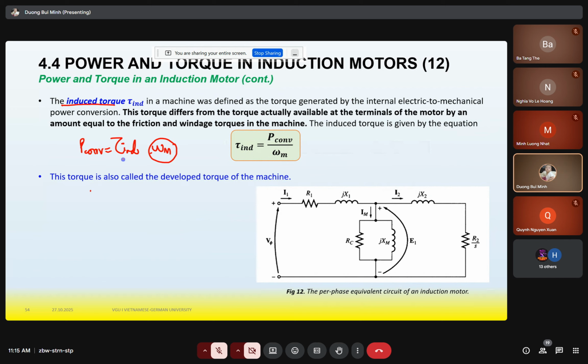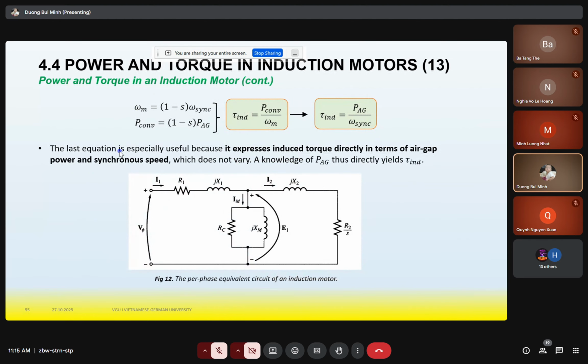Okay, and this one is induced torque, tau_ind. Remember that induced torque equals P_convert over omega_m.